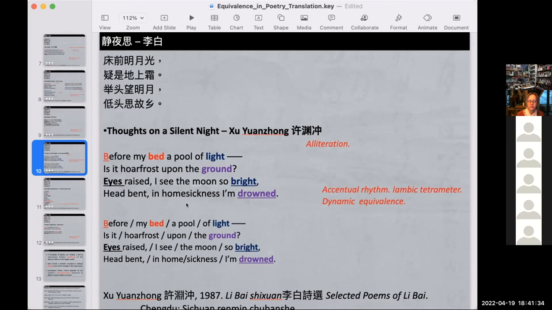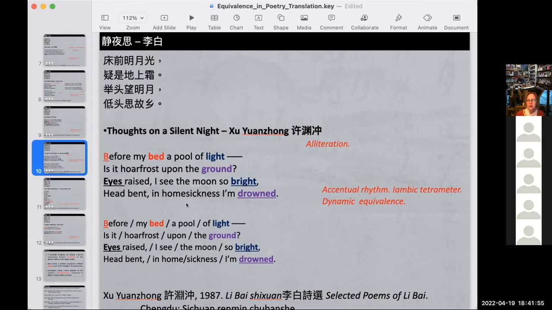translate this poem in metrical rhythm like this one done by Sion Tong, just for the sake of fun, I can bet that they cannot. It will be very, very difficult, and they may come up with a version that's not even half as good as this one.